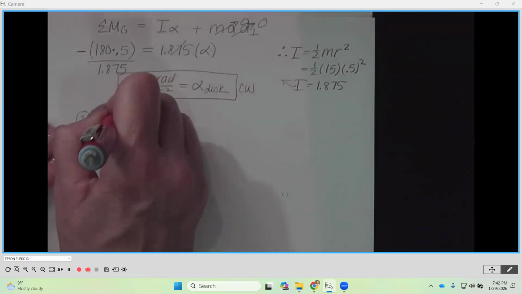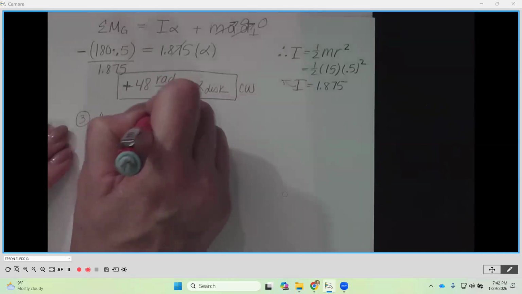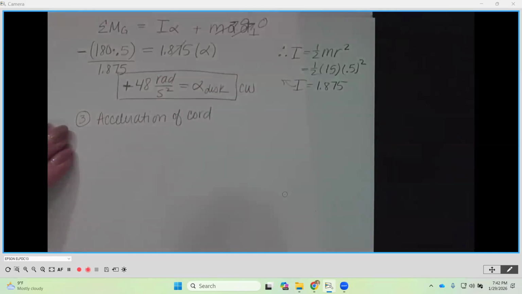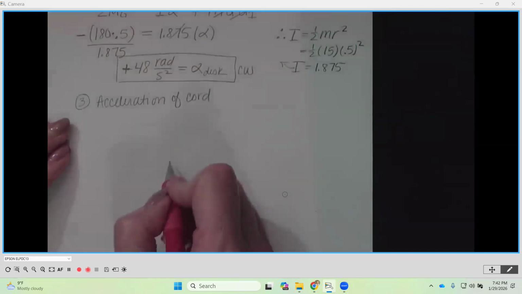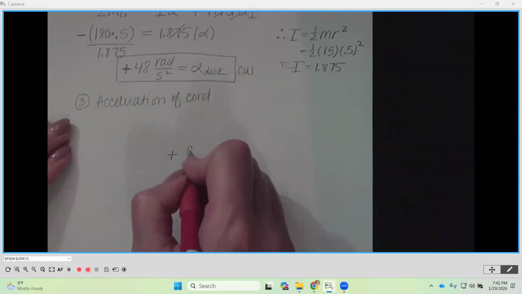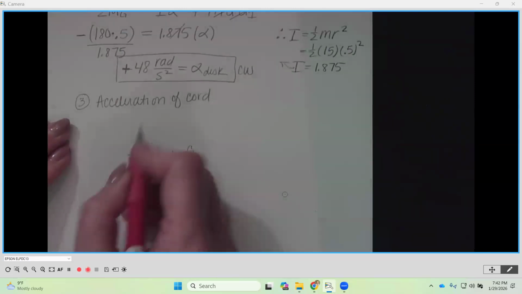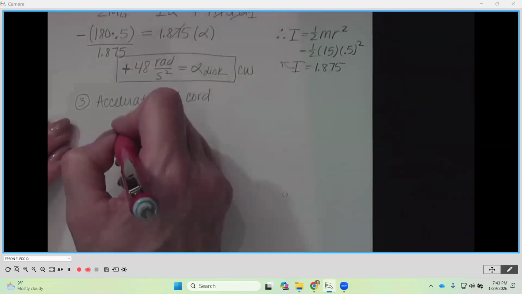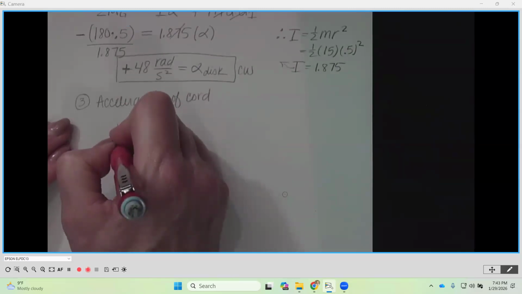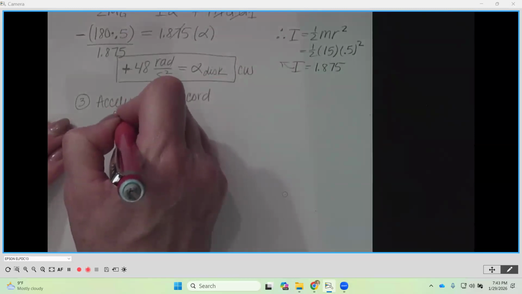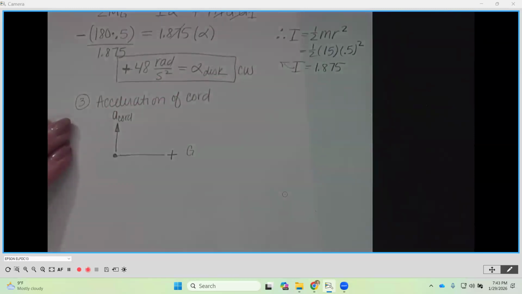This is going to be acceleration of the chord. Okay. So I'm going to have my G. And then out from there, I'm going to have the acceleration of the chord. Okay, acceleration of the chord.